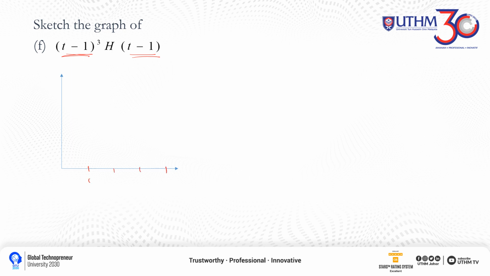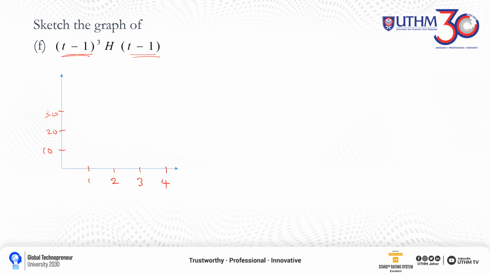So 1, 2, 3, 4. For the amplitude, 10, 20, and 30. Okay, so initially the graph of t power of 3 is starting from 0, but t minus 1 power of 3 and u(t minus 1) are both delayed 1 unit. So we move the whole graph 1 unit to the right hand side.